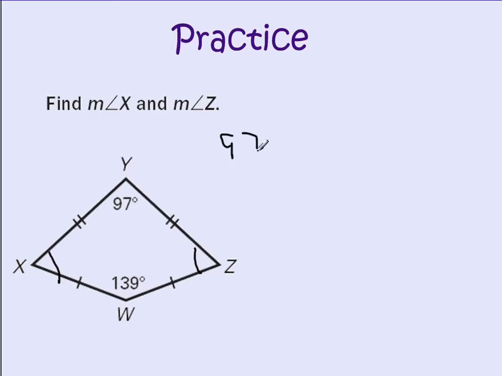So we'll say 97 plus 139 plus, we'll just call this x this time, and since they're congruent, plus 2x. They will all have to have a sum of 360 degrees.